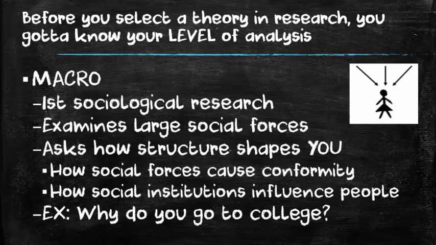And how do those social institutions, such as the government, the institution of family, education, religion, etc., how do those social institutions influence us? So this is what we would call a big picture point of view. This level of analysis is talking about everything that presses down on you and causes you or encourages you to conform to the existing structure.